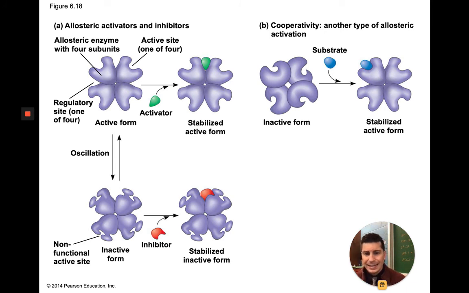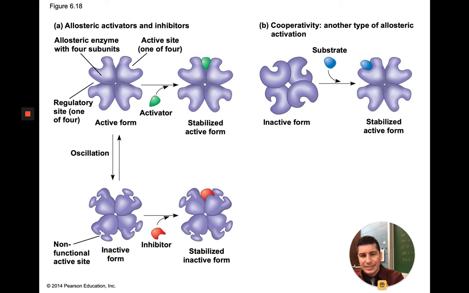So inhibition means something gets inhibited. If we have an inhibitor and it binds to our enzyme, that's going to change the active site so the substrate can't bind, right? So if the inhibitor is bound to the enzyme, the substrate can't bind, okay?